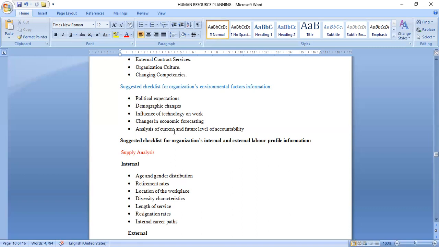Then changes in economic forecasting, we've already looked at that. For example, I've given an example of the COVID-19 pandemic situation where, especially after the first lockdown, businesses were forecasting that the economic future may not be the best.